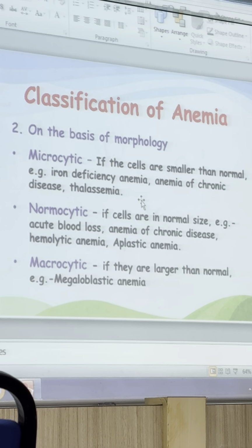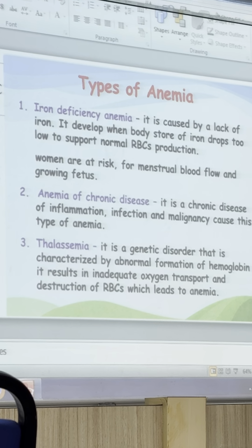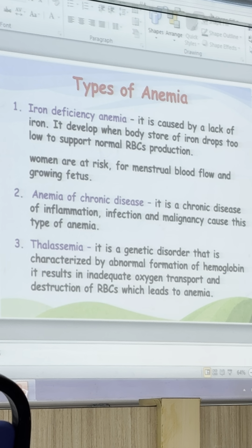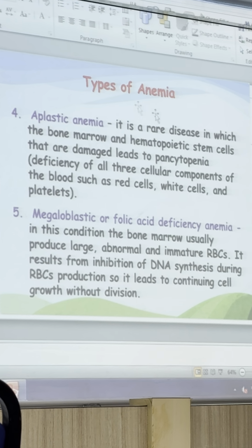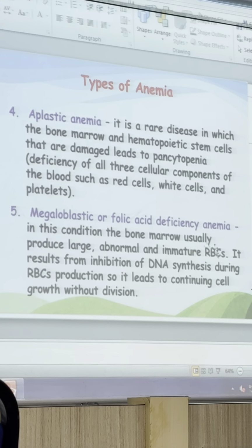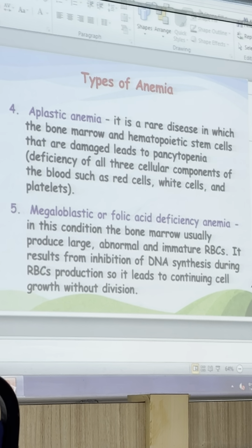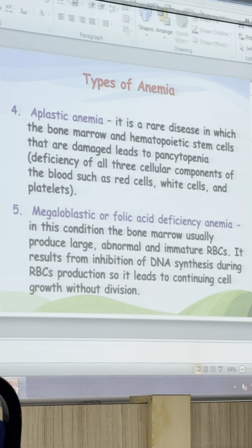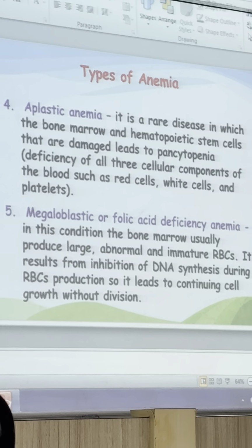The rest, we have discussed all these anemias, so MCQs can be formed from all of these. You should know what is happening in each of the anemias. MCQs can be formed on the types of anemia.